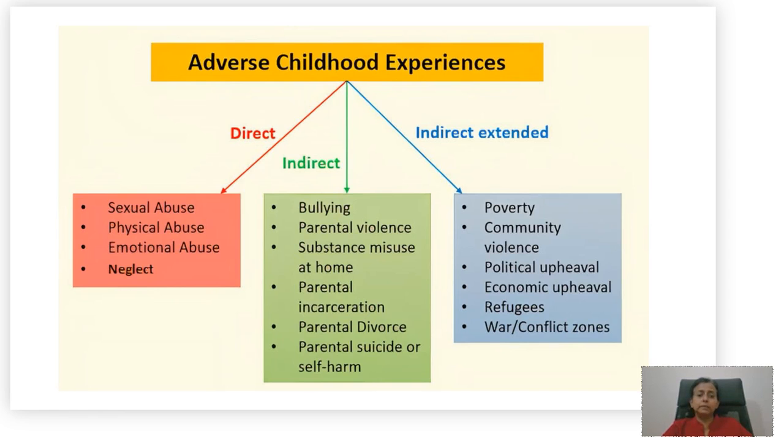They are observing violence, looking at people misusing alcohol, having an experience or exposure to parental divorce, maybe parental suicide and self-harm. Indirectly, they can also get harmed, or adverse experiences are seen, because of poverty or community violence.